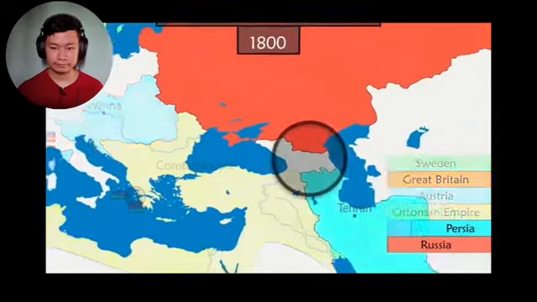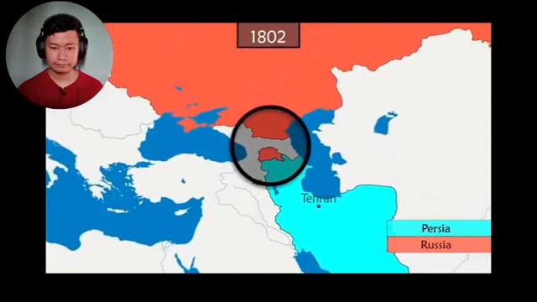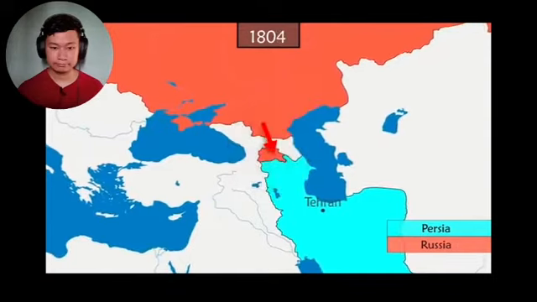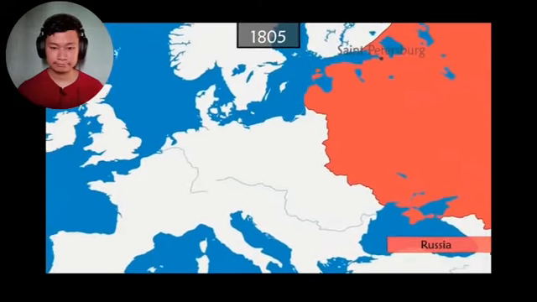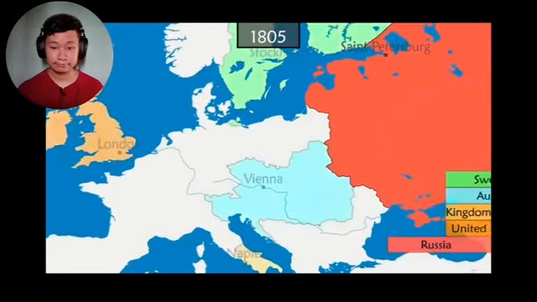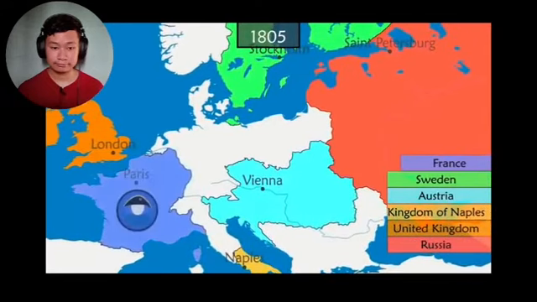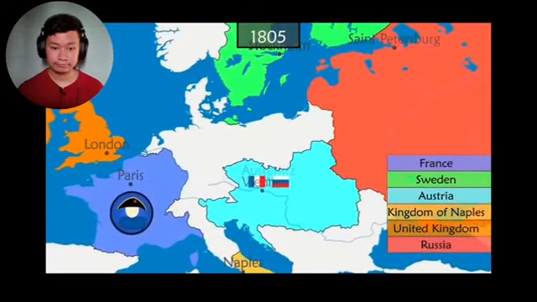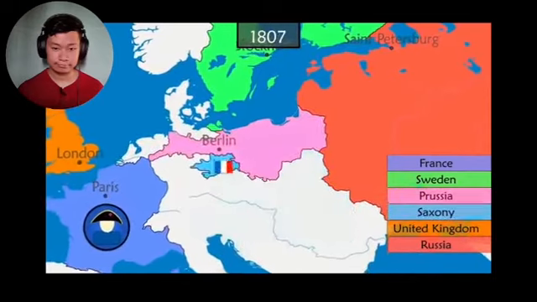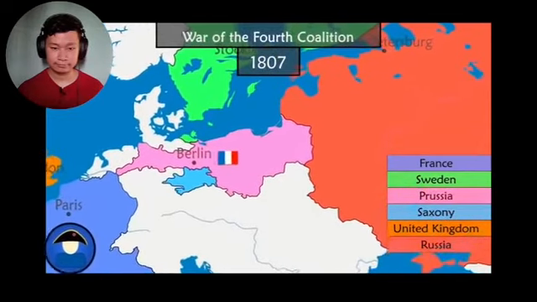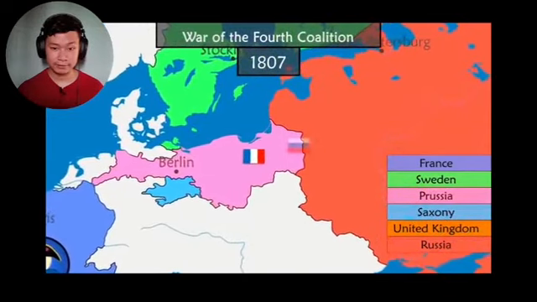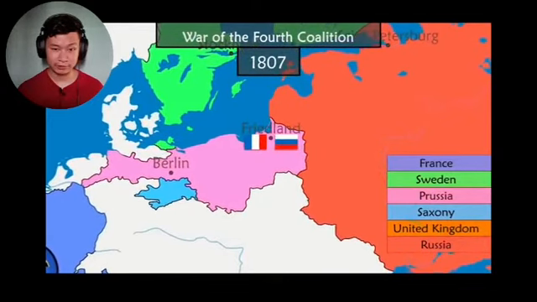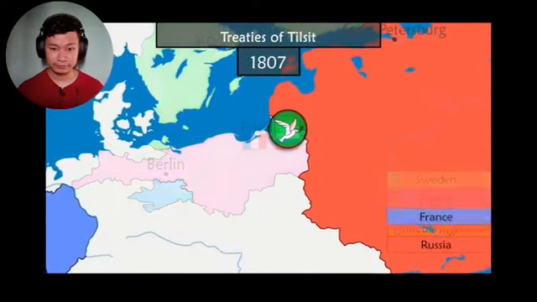In the Caucasus, Russia and Persia quarrel over control of the region, which leads to war. In 1805, Alexander I joins the Third Coalition against Napoleon's France, but his army is defeated at Austerlitz. 2 years later, Napoleon moves on the former territories of Poland. The Russian armies are again defeated, forcing Alexander I to sign a peace treaty.